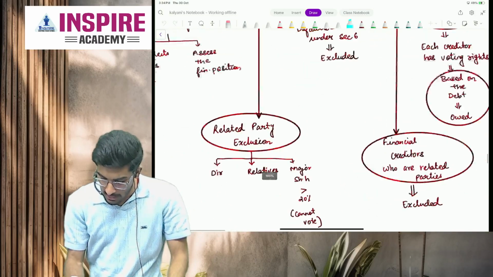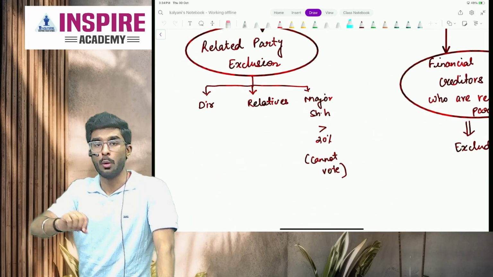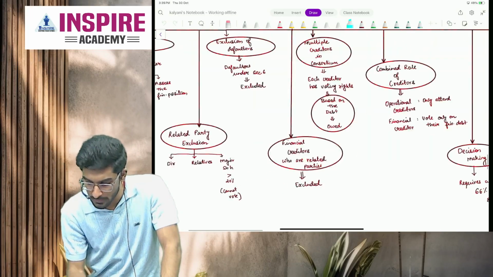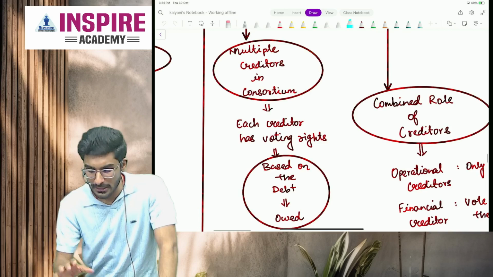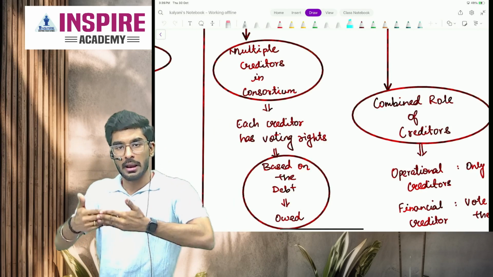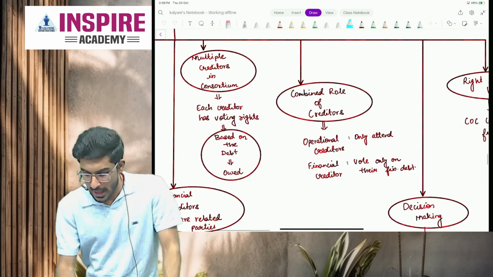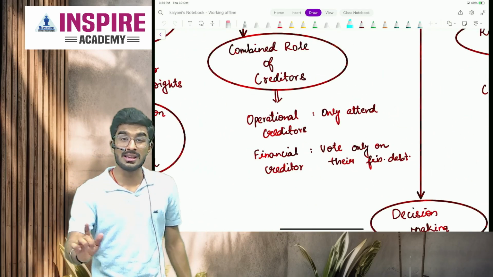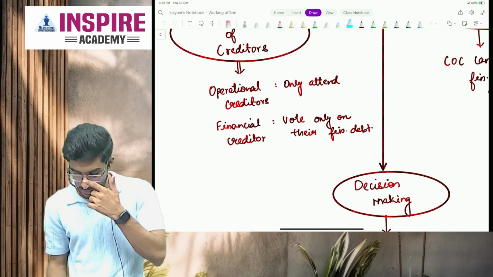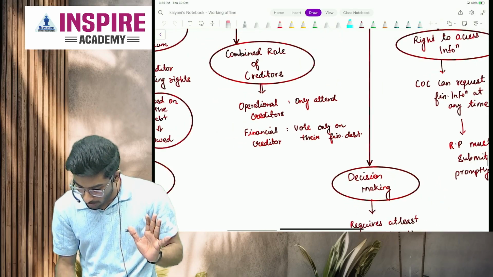And next, related parties, directors, relatives and major shareholders holding more than 20% shares will be excluded. And next, people, multiple creditors in a consortium. If there are multiple creditors, each creditor will have voting rights based on the amount of debt owed to them. And next is operational creditors can only attend, they cannot vote. And the financial creditors can vote. If they are related parties, then they will not be included.